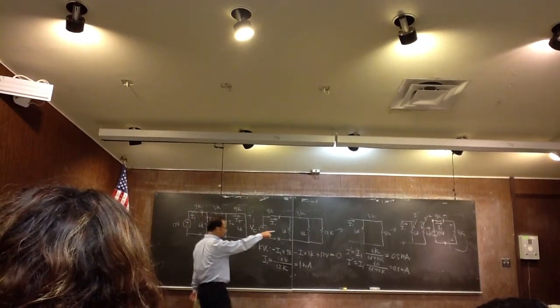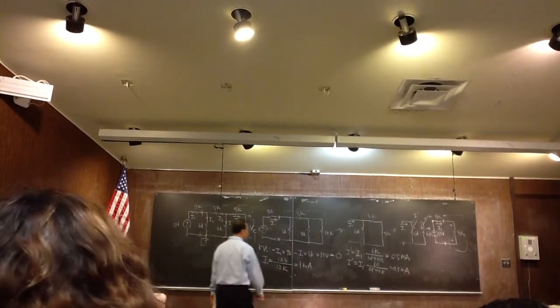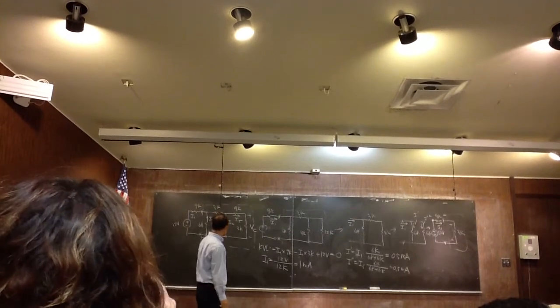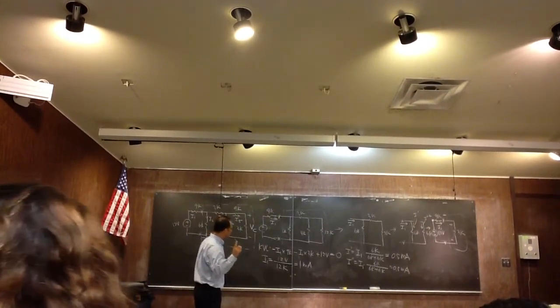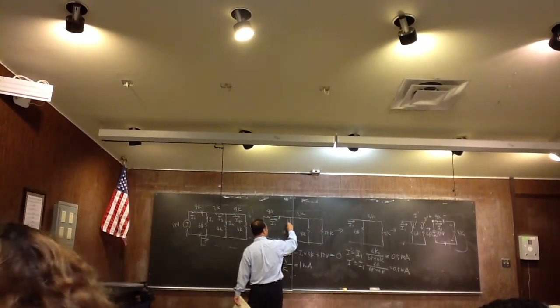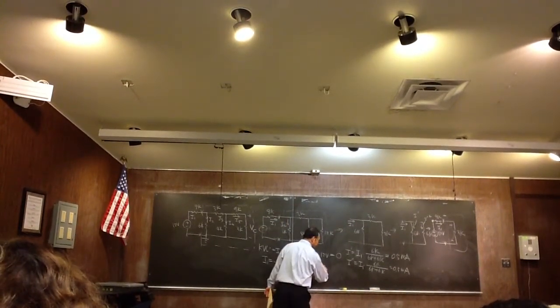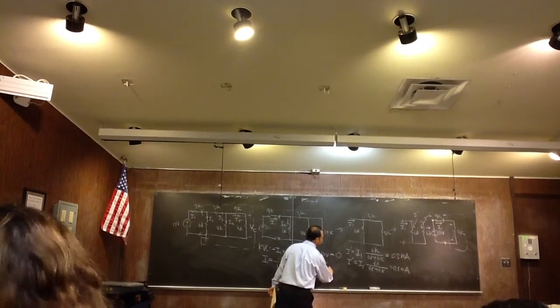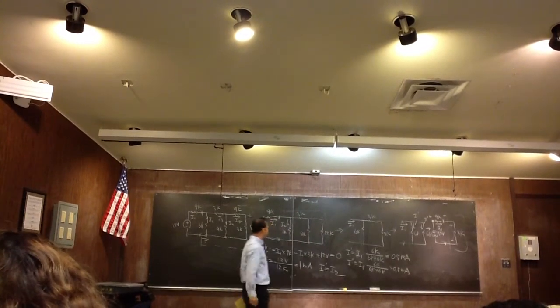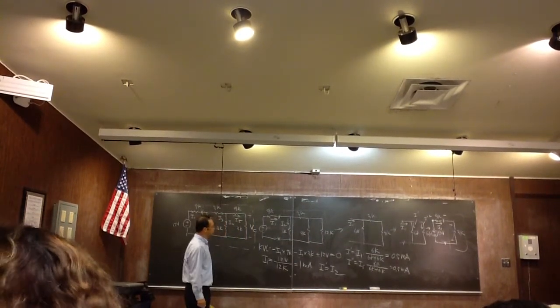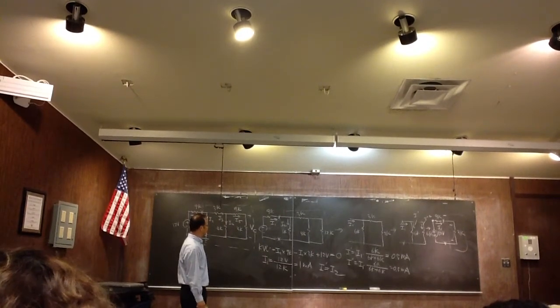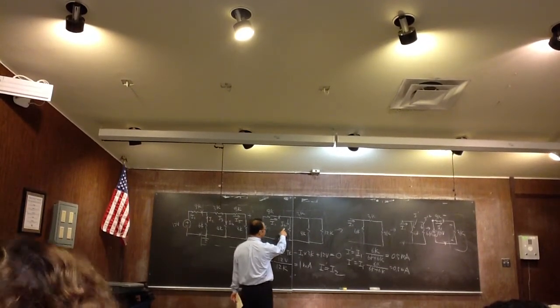Now, I prime here is the same as I2. Excellent. Yeah. So this is I2. So I prime is actually the same as I2, right? So now we have I2 here.